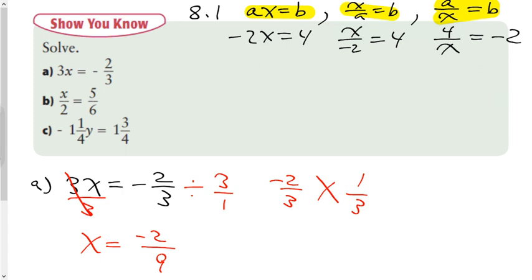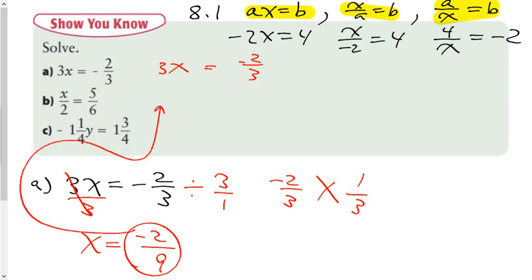So process-wise, that totally makes sense. And what I would like you to get into the habit of is test your answer. Make sure it's correct. So since we have 3x equals negative 2/3, what I'm going to do is take my solution and substitute it into my x. So I'm going to see what is 3 multiplied by negative 2/9, or 3 over 1 multiplied by negative 2/9.